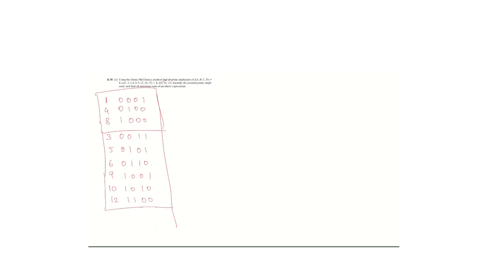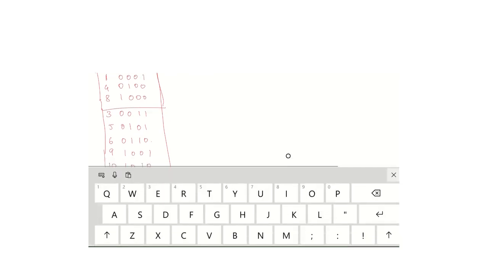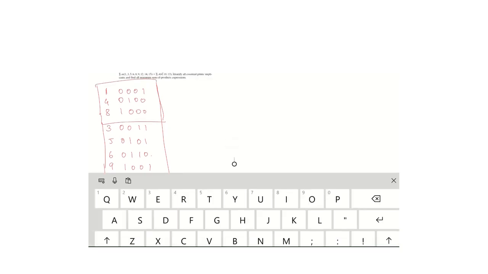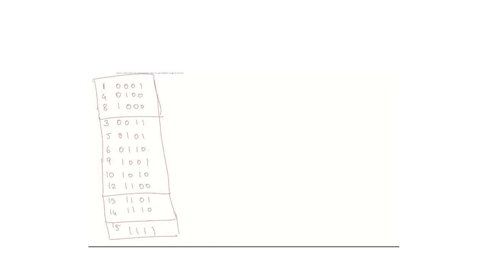Okay, and then we have 13, which has 3 ones. So this is my group 3 with 3 ones. Then 14 has 3 ones, and then 15 comes in group 4, which has 4 ones.